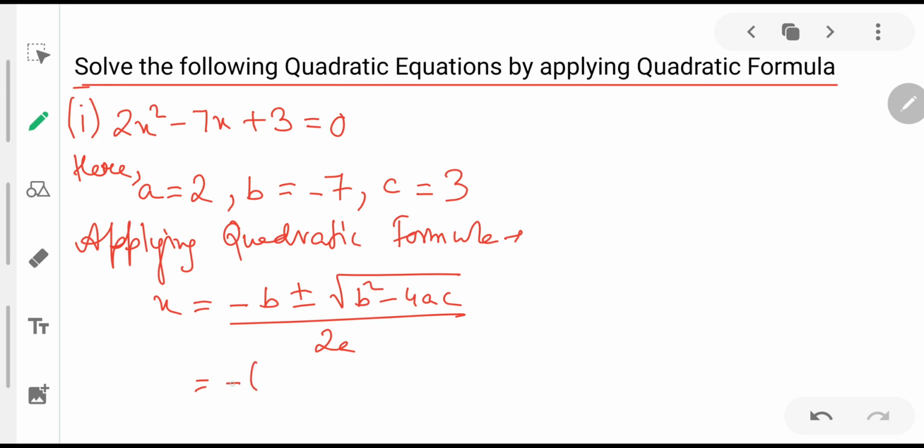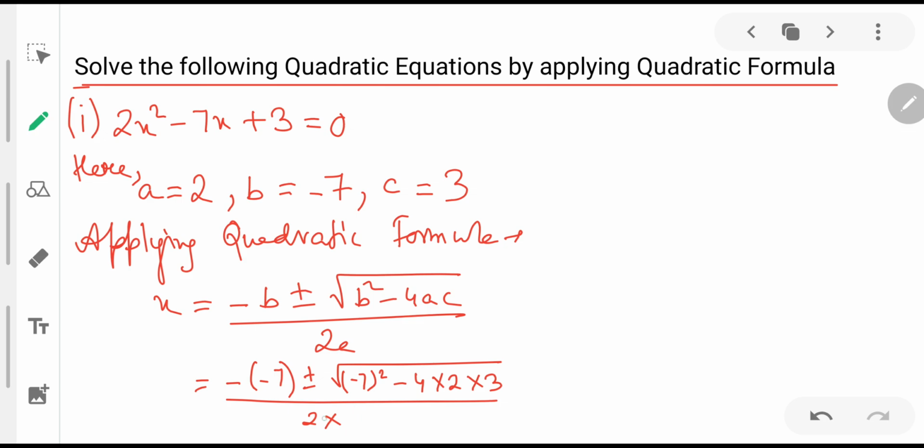Here what is the value of b? The value of b is minus 7. Minus of that, plus minus root over b square, which means minus 7 whole square, minus 4ac, 4 into a which is 2, c which is 3, divided by 2a. 2 into a, and the value of a is 2.